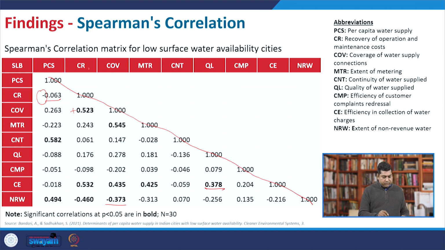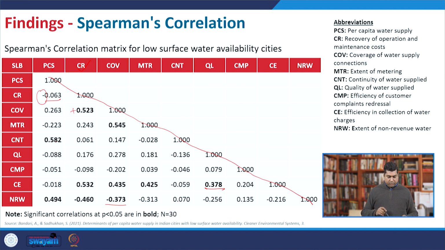Say, in this particular case of PCS versus continuity. Whenever the continuity is higher, then PCS will be higher. So continuously you have to supply the water. So definitely in that case there will be more water that is put into the distribution main.